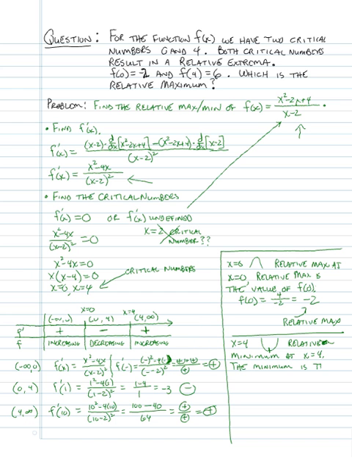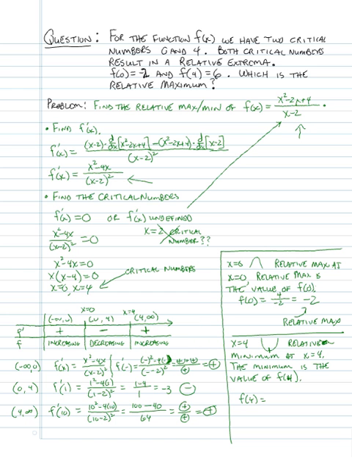the value of f of 4. And so we calculate that minimum by putting 4 into the function. And when we do, let's see what we'll get.